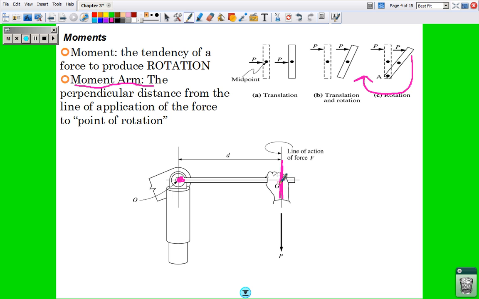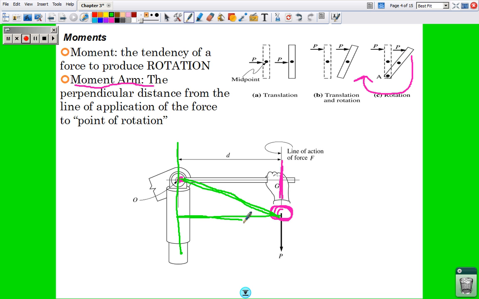If this hand were here instead, you might try to say, well, this is the distance, okay, but that's not the distance because that's not perpendicular. So you have to do perpendicular from this line going through the point of rotation.